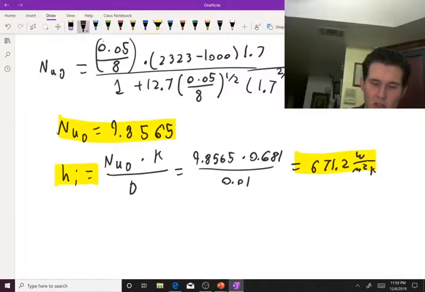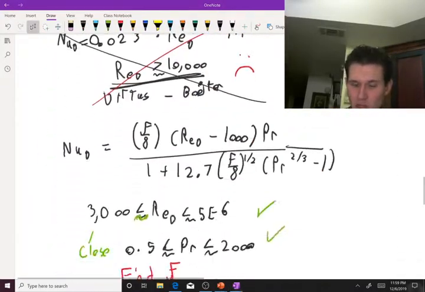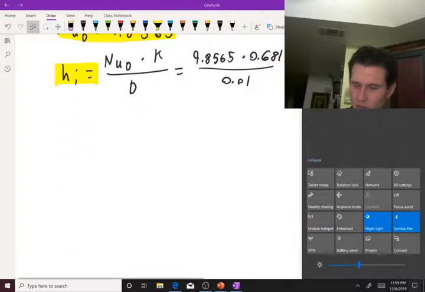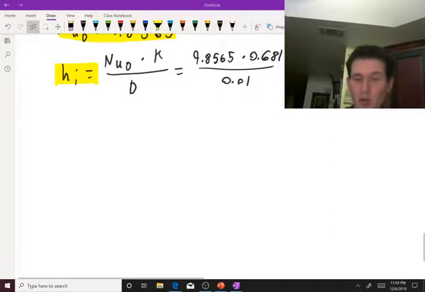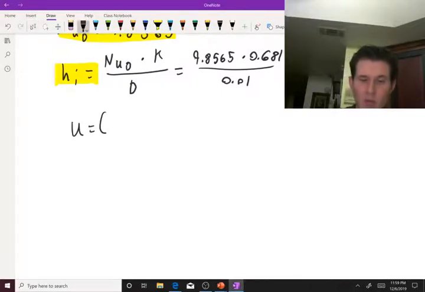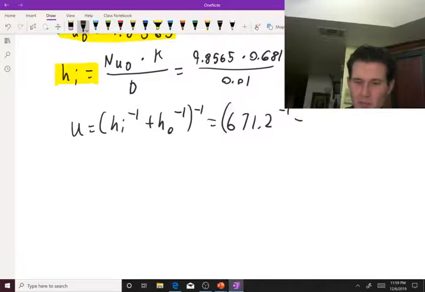Did we want h? Let's look back up. No, we want U. We have written this equation down a couple times. Hopefully you're getting it sunken into your memory. We plug in our values once again, and now we finally get what we want, which I know is a lot of work, and that's just the way these problems are.